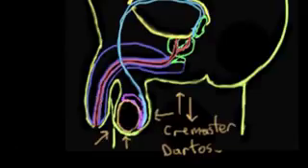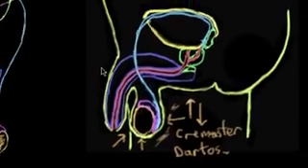Interestingly, there's something called the cremasteric reflex, where if you lightly brush the upper and inner part of the thigh on a male, reflexively the cremaster muscle will contract and pull the testes slightly upward on that side. That's called the cremasteric reflex.